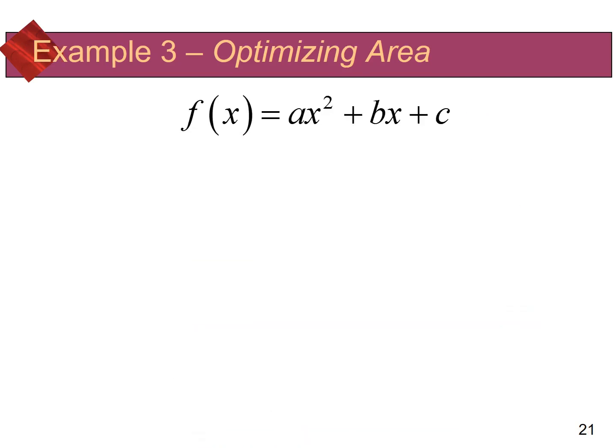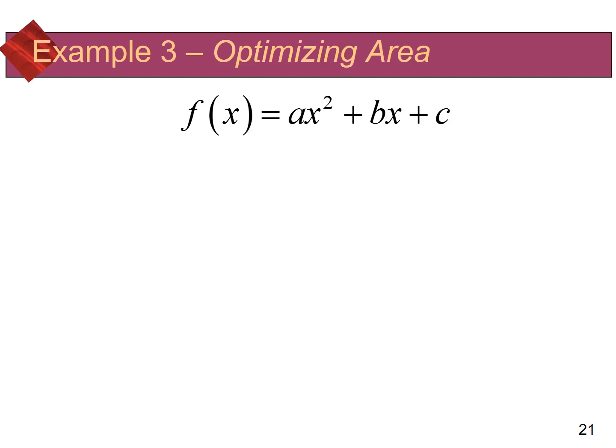A typical quadratic function, which a lot of area functions are going to be, is going to be f of x equaling ax squared plus bx plus c. And we know it's quadratic, and we know it's going to have a vertex, which either will be a minimum point or a maximum point. So it's going to be a critical point of some sort. And I would normally calculate the critical point by taking the derivative.